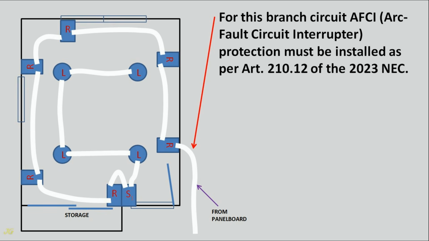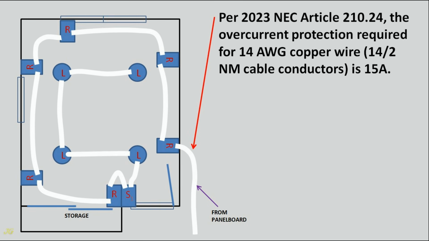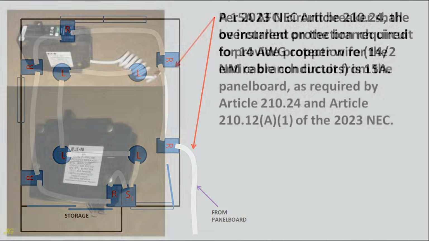For this branch circuit, AFCI, arc fault circuit interrupter, protection must be installed as per Article 210.12 of the 2023 NEC. Per 2023 NEC Article 210.24, the overcurrent protection required for 14-gauge copper wire, 2 NM cable conductors, is 15 amps.